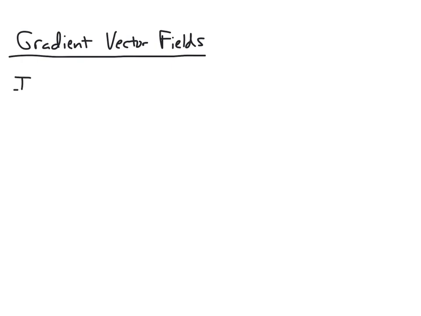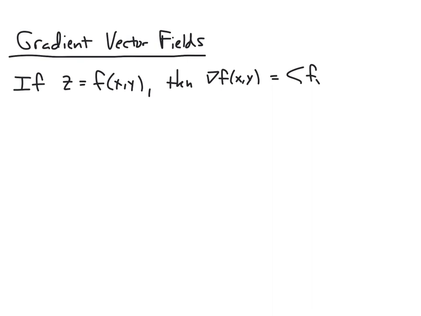So if I have a multivariable function with two variables, let's say z equals f of x and y, well then I know its gradient vector is a vector function where the component functions are f sub x and f sub y, the partial derivatives with respect to x and y respectively. And this is a function that takes as its input a point x, y and outputs a vector.